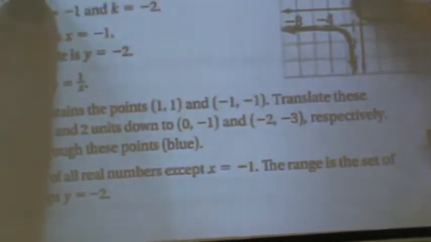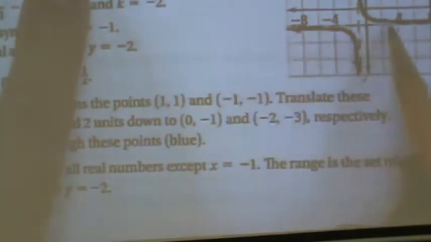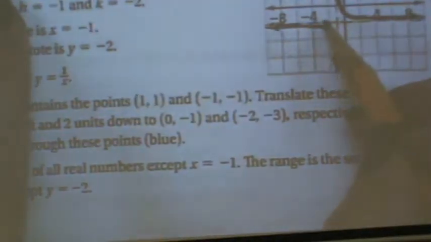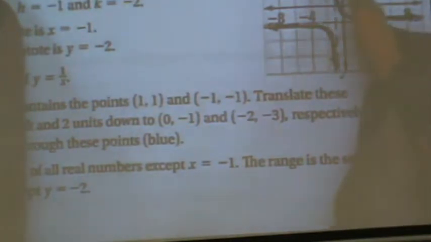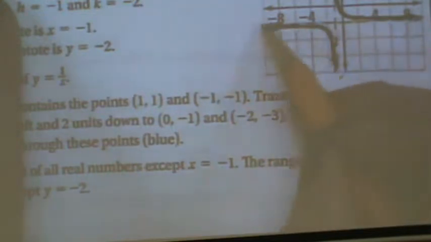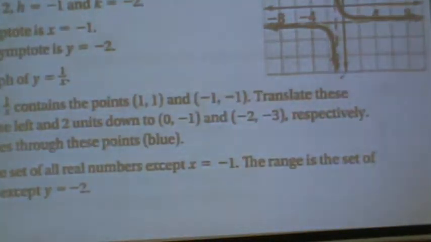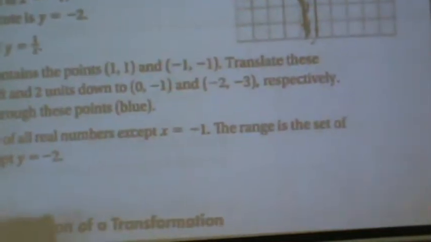Your vertical asymptote is x equals -1, which is right there, and y equals -2 is your horizontal. When the a value is 1, you go over 1, up 1, and draw your curve, and from here, go over 1, down 1, and draw your curve. It gets closer and closer to those asymptotes.